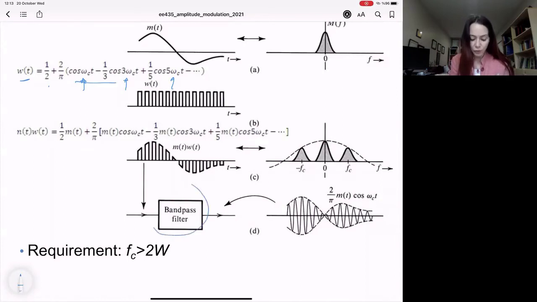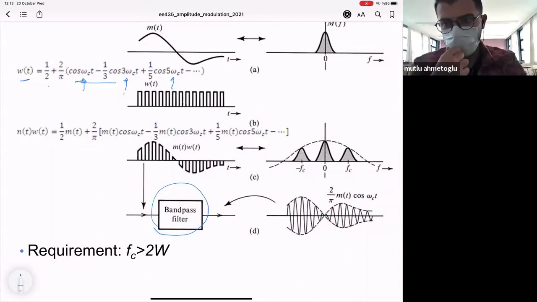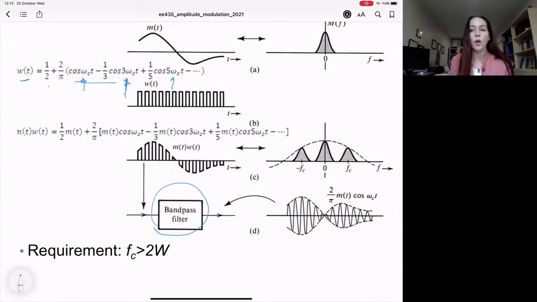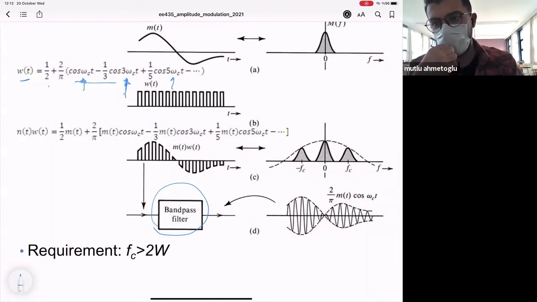Well, we could use a bandpass filter. A bandpass filter centered around what? Carrier frequency. Right, the carrier frequency, wc. Why is it bandpass and not a low pass filter? Carrier frequency is much higher than baseband, so it's not a low pass filter.